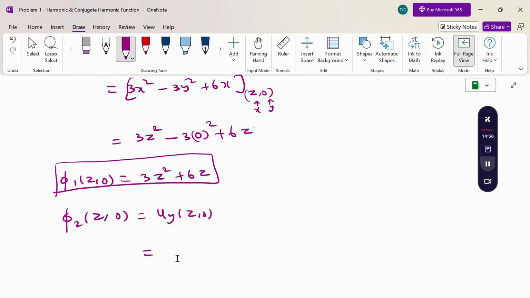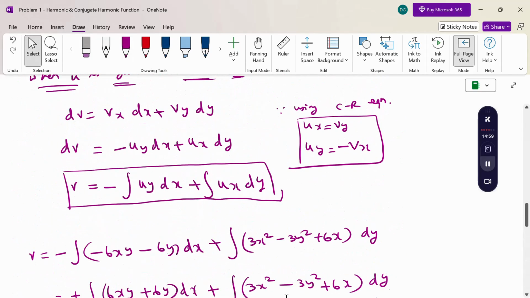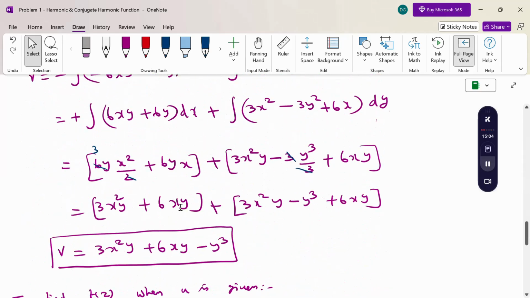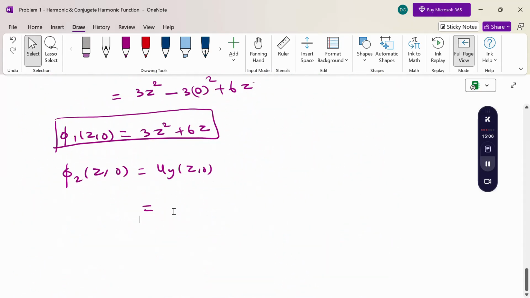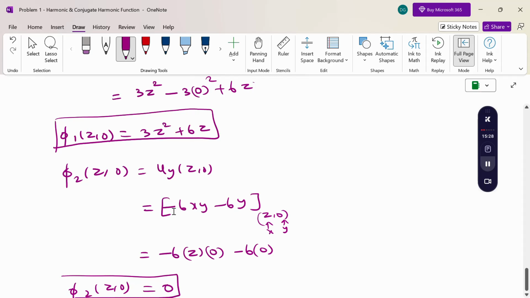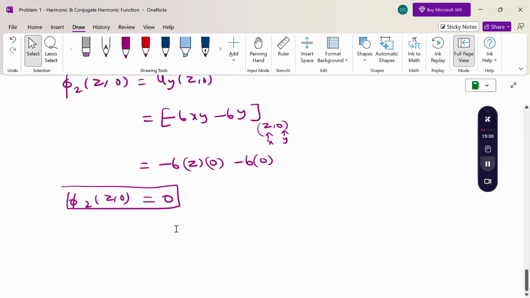What is uy? From equation 2, minus 6xy minus 6y. Substituting z comma 0, x becomes z and y becomes 0, so minus 6z into 0 minus 6 into 0, the whole term is 0. So phi 2 of z comma 0 is 0.